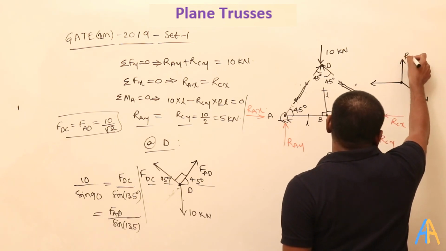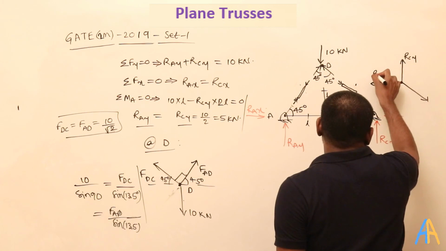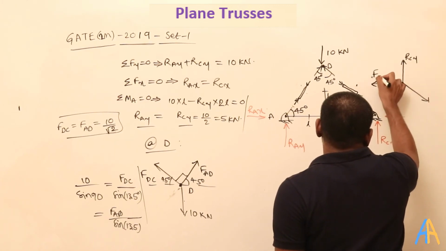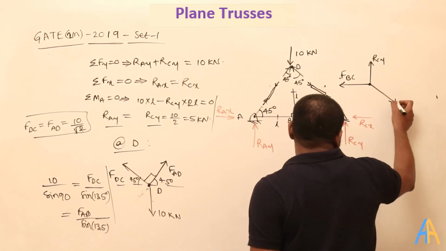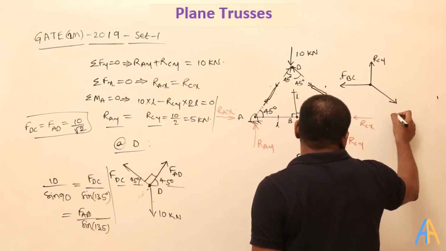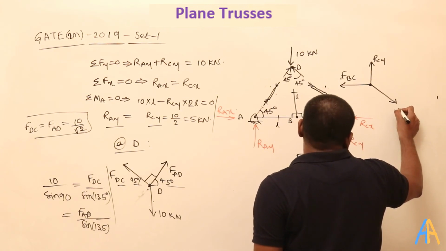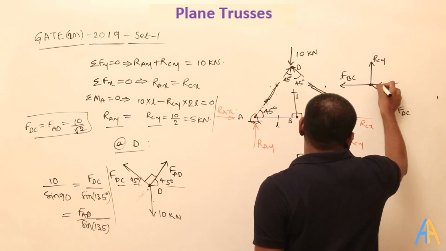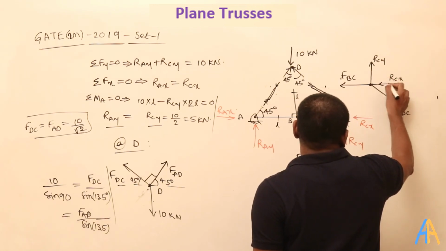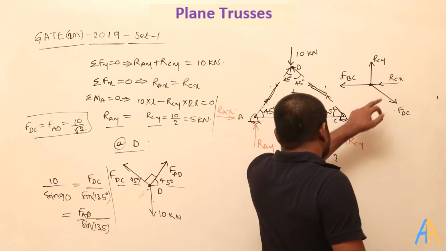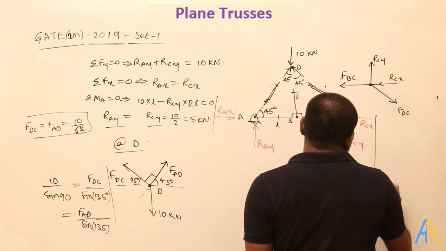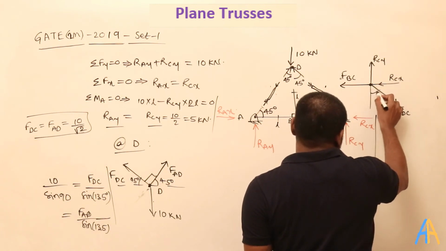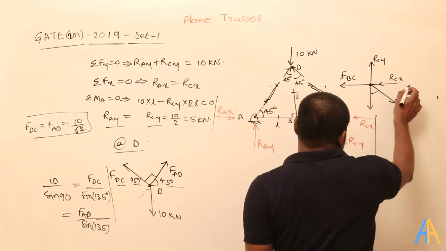So this is the RCY, this is the FBC, and this is the FDC, and here there is one more force. What is this? This is the RCX. We don't know in which direction it is going, so I will assume it is going like this. So from this, FDC can be written into two components.